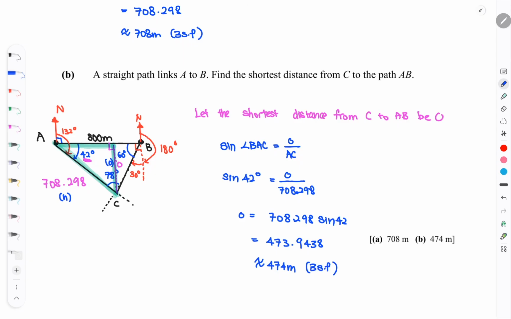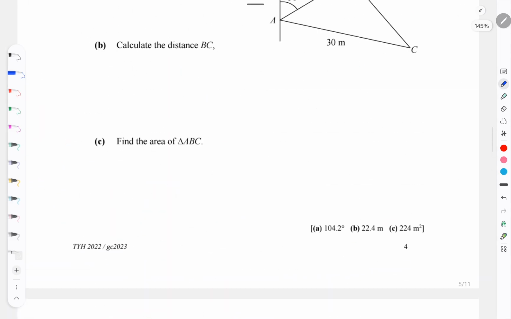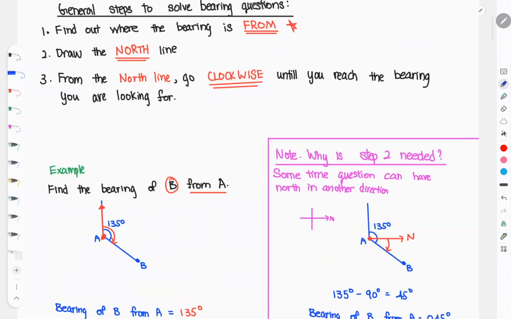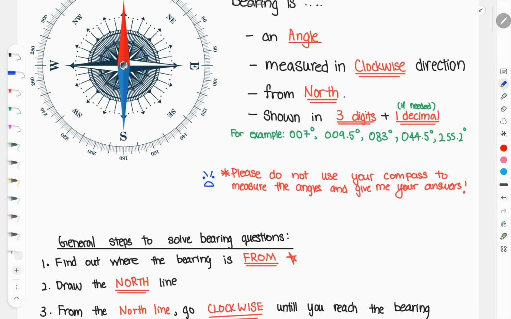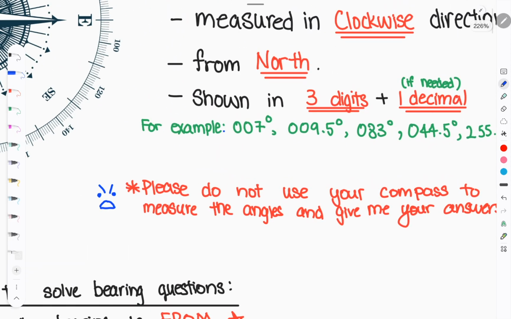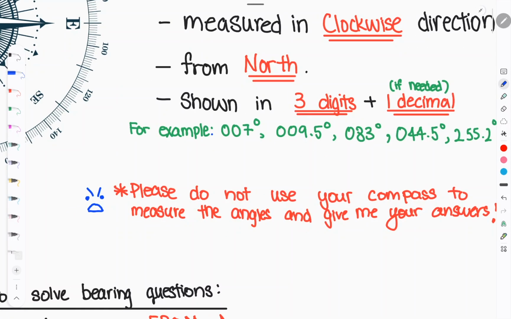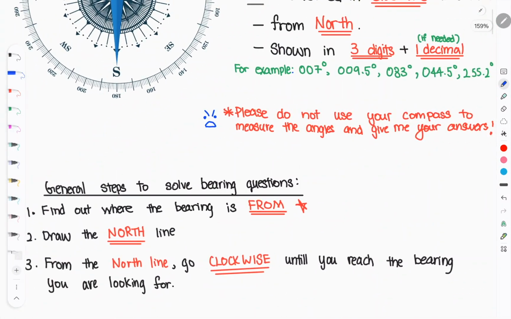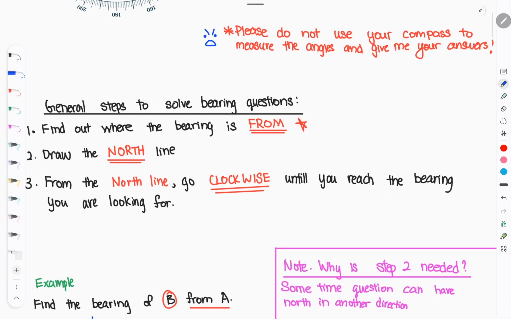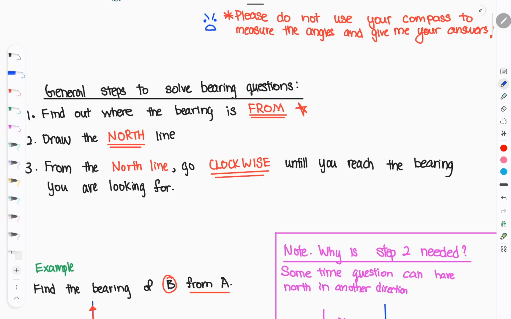Okay, that's it for this topic. Just to summarize a little bit, some pointers to know. Bearing is always 3 digits, and 1 decimal if you need. If not, you can just ignore the decimal. And the step to solve your question, always find out where it is from. Very important.